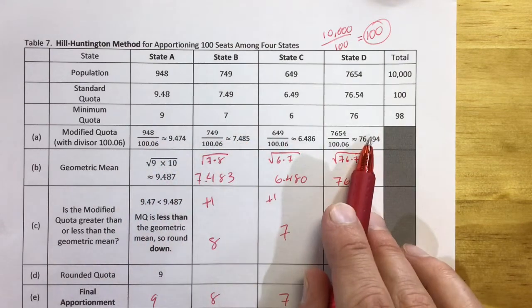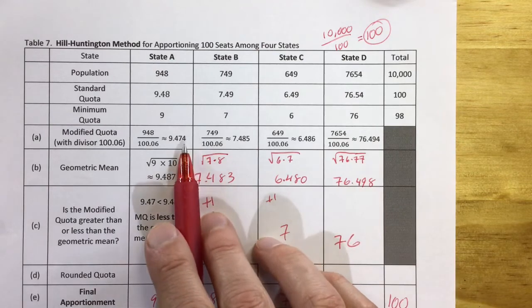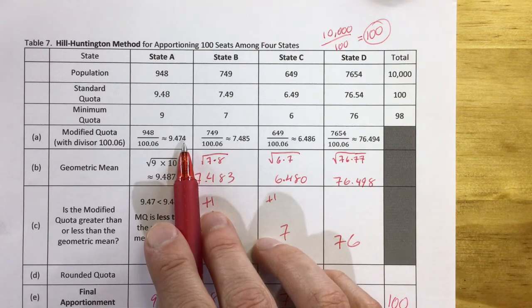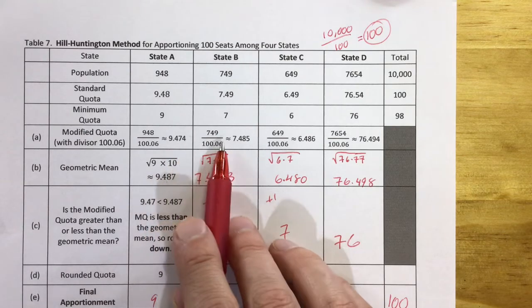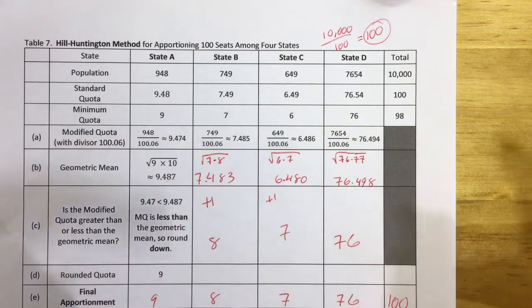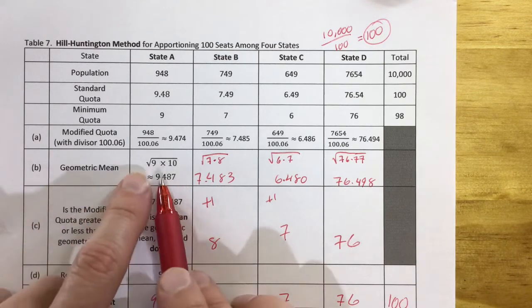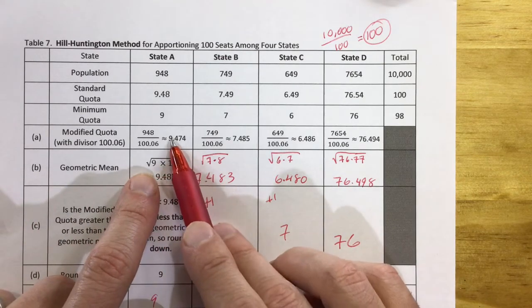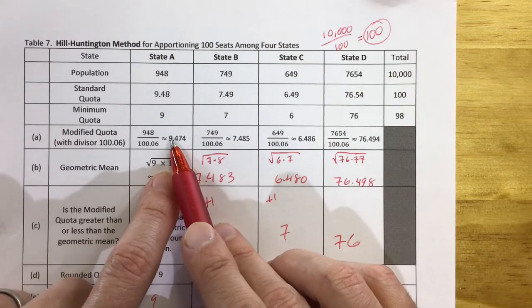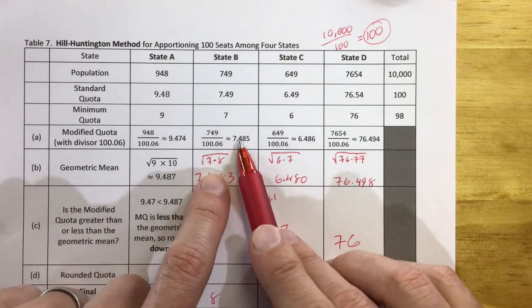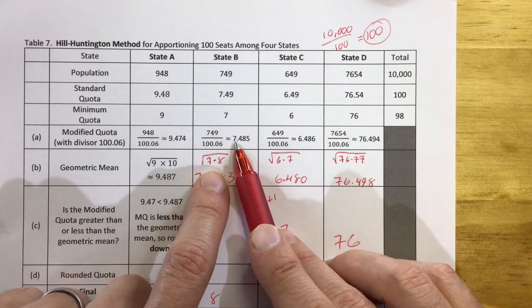But now, instead of trying to round these off or finding your minimum based on these numbers, what we're going to do is calculate a geometric mean. So this is kind of an intermediate step. You're going to take the numbers as if you rounded that down to 9, or if you rounded it up to 10. You're going to take this as if you rounded down to 7 or up to 8.